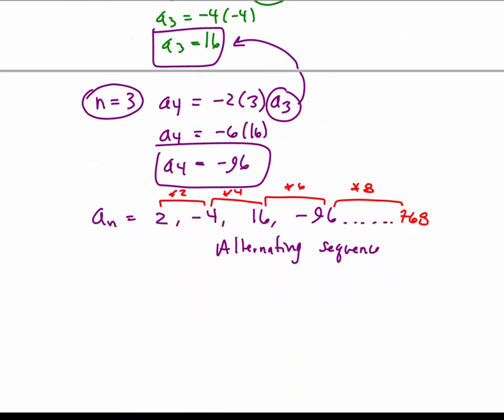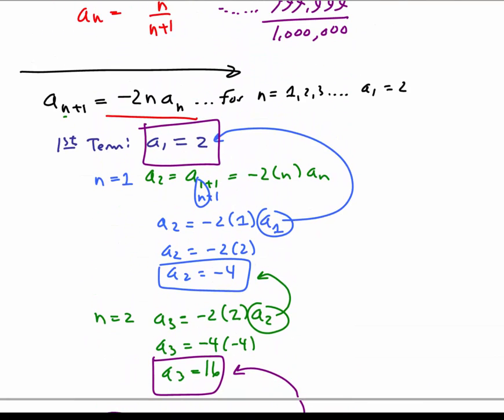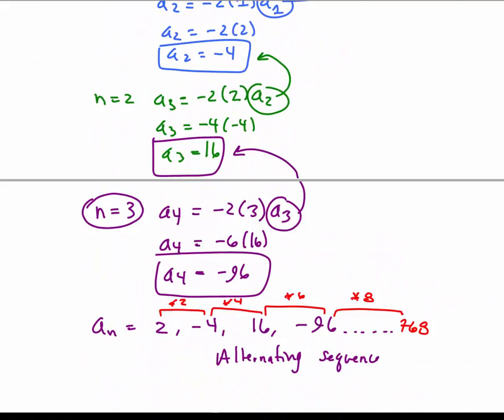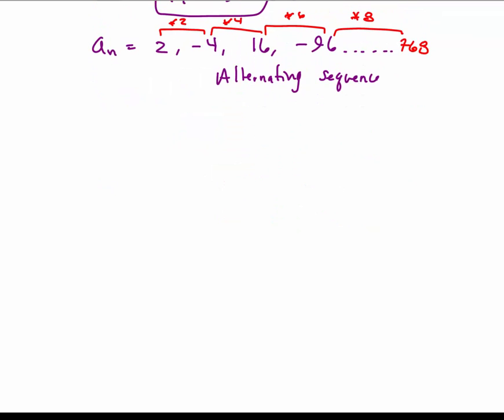Because if I said find the 50th term, knowing my pattern here of 2, 4, 6, 8 is not really going to help very much. But if I knew my 49th term, it would be easy to plug in and find that. So that's an example of working with the sequence. Again, sometimes they're a lot easier to describe than they are to actually write a mathematical formula for, and sometimes more than one formula is possible to describe these.